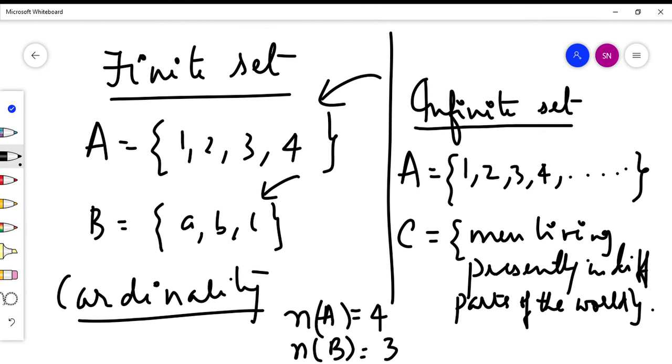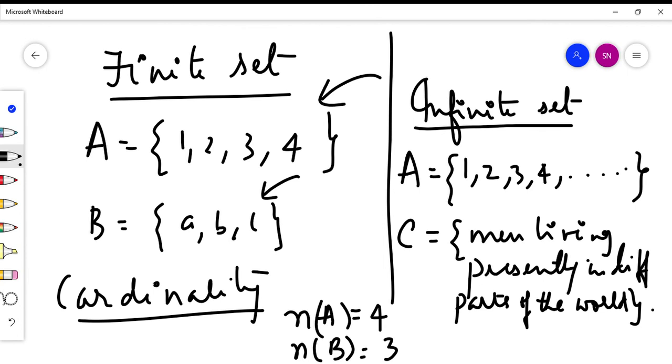When you count, you should get the number of elements which belong to that particular set. It is always denoted by a small n, and inside two curved brackets you write whichever set you have to find the cardinality of.